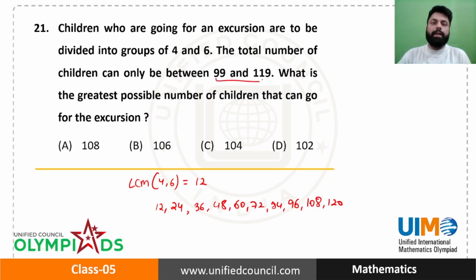It should be in between 99 and 119, so that is going to be 108. A option. Now, why have we taken the LCM? Because when we divide them into groups of either 4 or 6, it will be completely divisible. Basically, dividing them is possible.